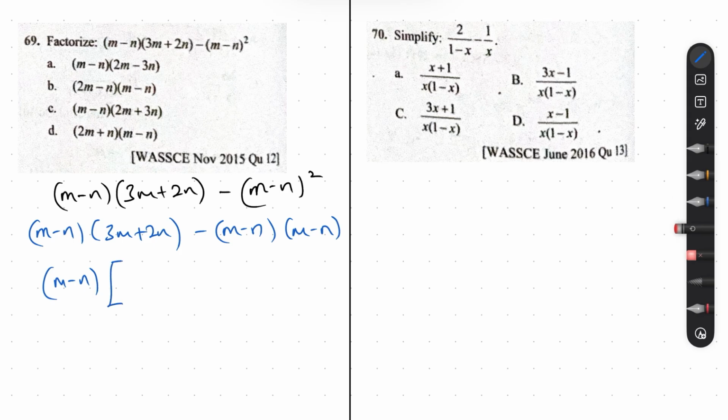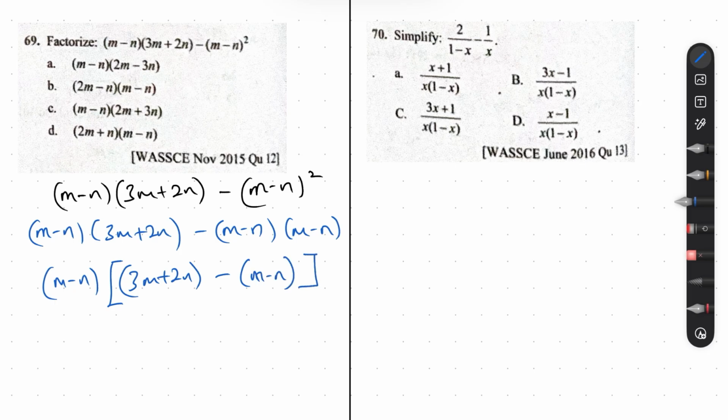So when we factor m minus n out from here, we'll be left with what? 3m plus 2n. Let's put it in bracket for now. Then when we factor m minus n out, we are still left with what? m minus n. So we put it in the bracket. Then we bring our square bracket.